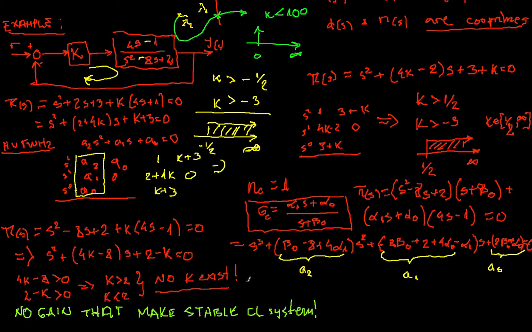For example, my favorite stable polynomial is s plus 1 cubed, such that these terms are just 1, 3, 3, 1. I know A0 is 1, A1 is 3, A2 is 3, and this term is also 1. Okay? And this is the stable polynomial.